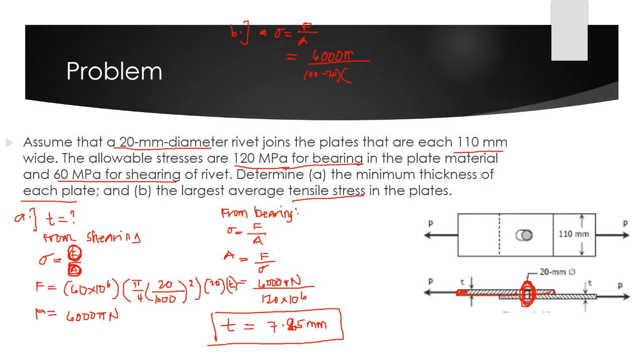This is the area of the rectangle, so that's length times width. We'll be converting the 7.85 millimeter into meter. So we have our average stress is 26.68 times 10 raised to 3 Pascal, or kilopascal. Okay, so this is now our answer for letter B.